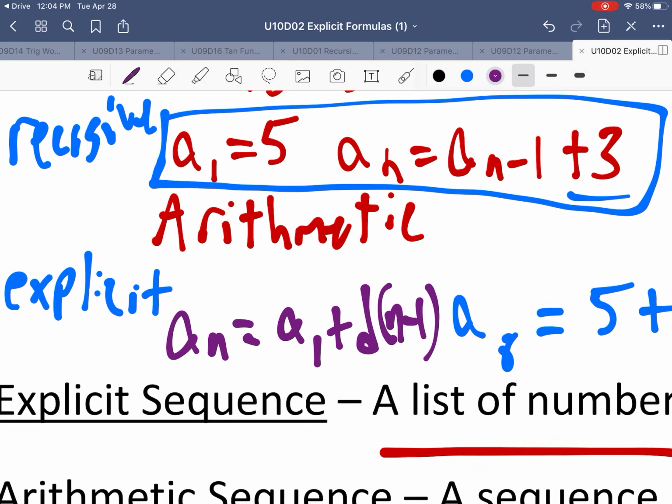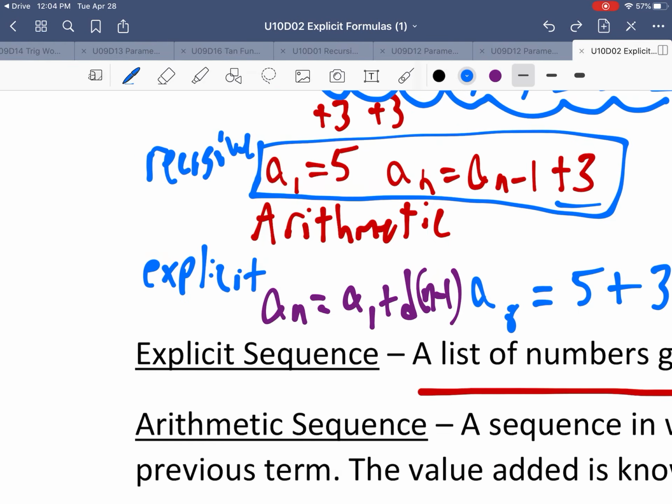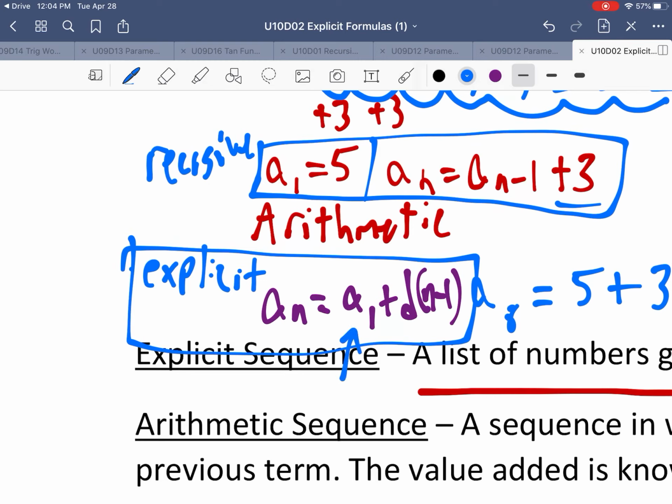In other words, if I wanted to find the 15th term, I'd have to add 3 14 times to get to the 15th term from the first term. And this is called an arithmetic explicit sequence formula. So you'll notice the recursive rule, I needed to know the first term. I need to know the first term in the explicit rule as well, but it's part of the formula.